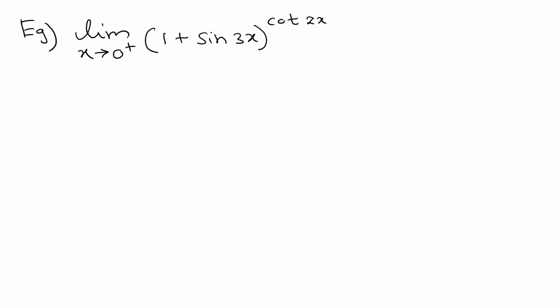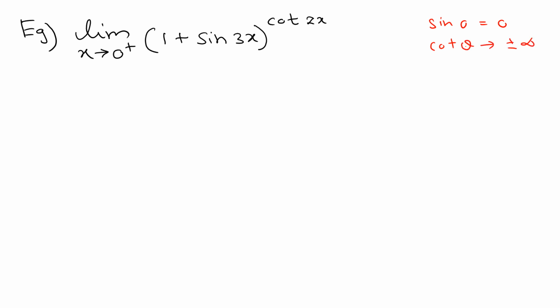So let's look at another one. So let's look at this problem. So we have limit when x goes to 0 plus of 1 plus sine 3x to the power cotangent 2x. So this is a trigonometric problem, and you can see that when x goes to 0, since sine 0 is 0, the cotangent function approaches infinity, one of those infinities.